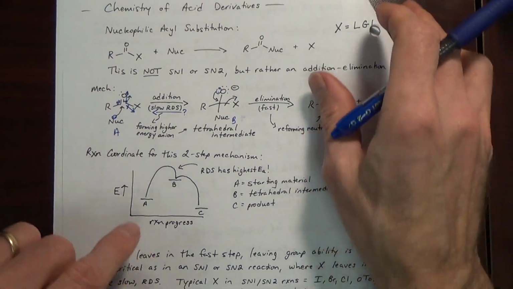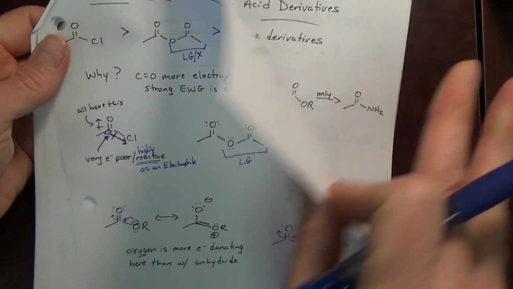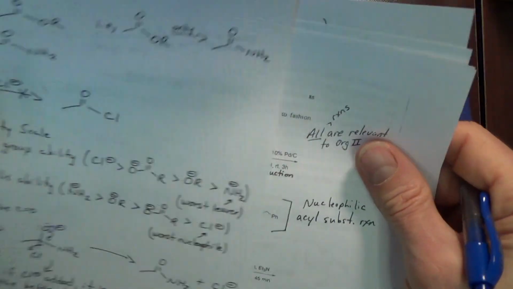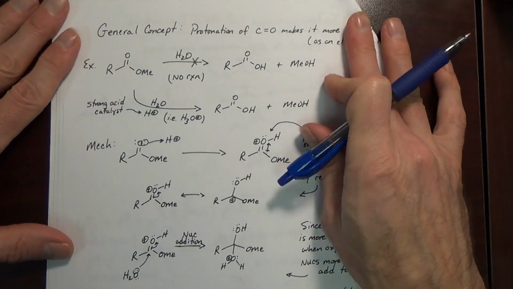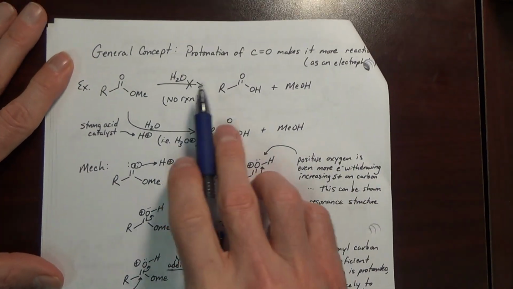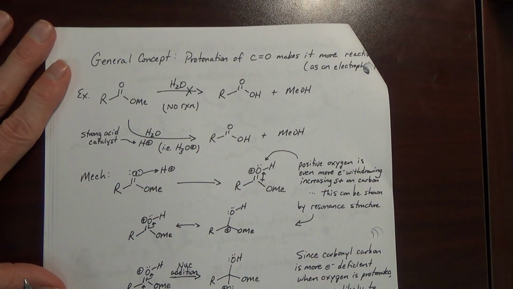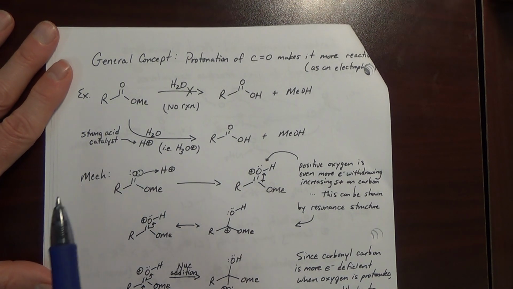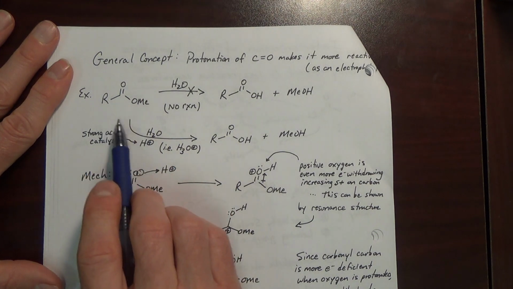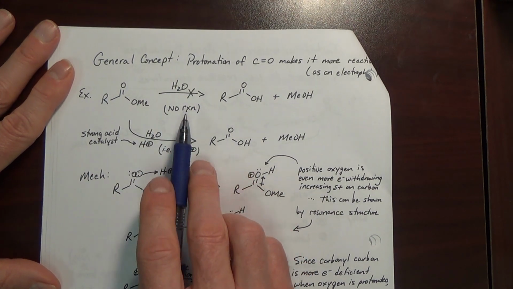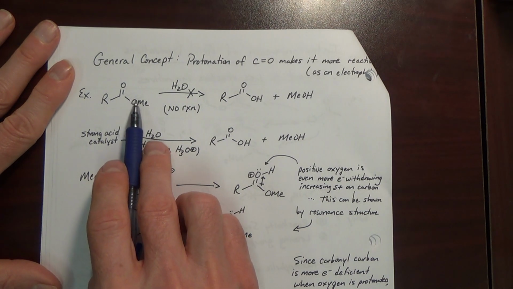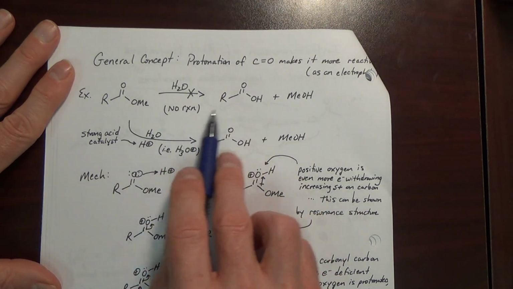But we can add to that by protonating the carbonyl. First off, an example. If you take an ester and try to react it with pure water to maybe replace the O-methyl with an OH, there will be no reaction.